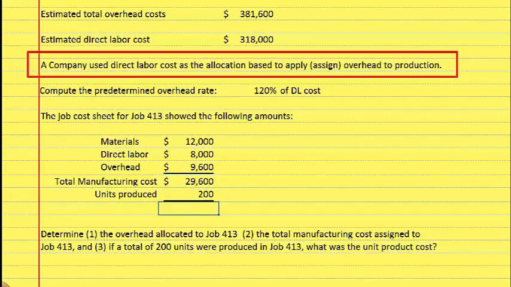The cost per unit is going to be $29,600 total cost, materials, labor, and overhead assigned to job 413, divided by the number of units produced in that job. And I'm going to have $148 as the cost of each unit produced in job 413. There's the answer to number 3.